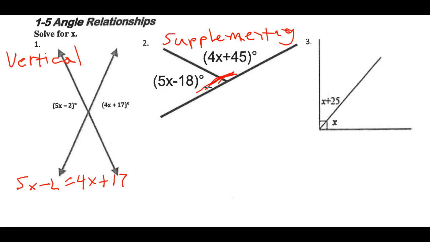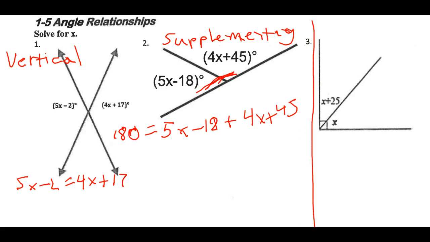What I know about these two angles is that if I add them together, 5x minus 18, that's the value of one angle, plus 4x plus 45, they will sum to 180. They're supplementary angles, so they add up to 180 degrees.